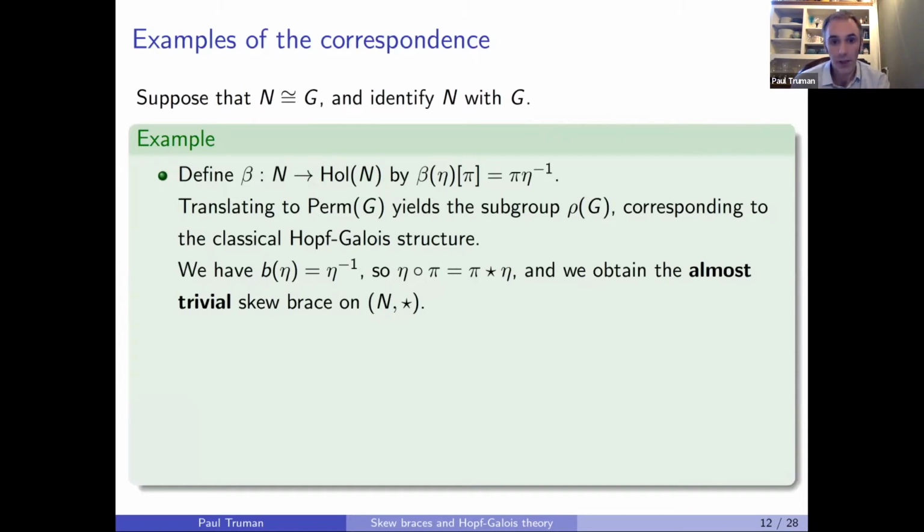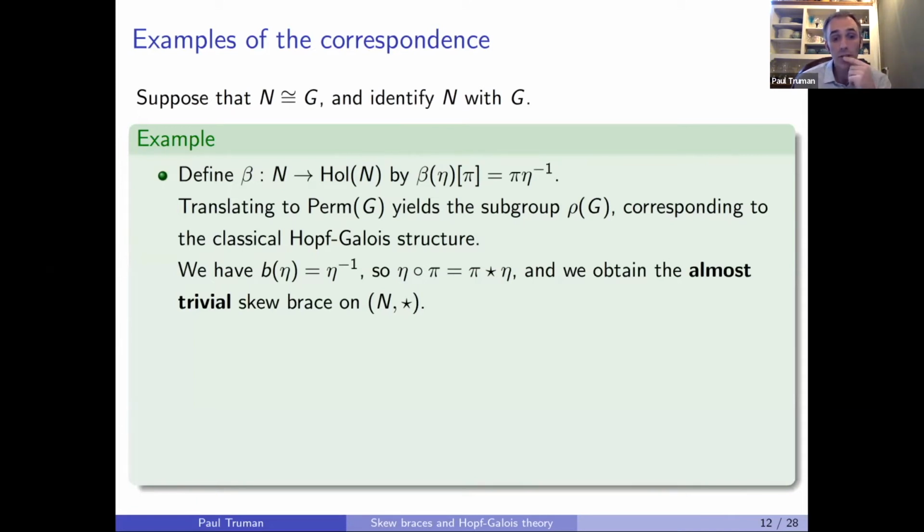One thing I can do is the right regular representation: beta of eta hitting pi is pi eta inverse, and that turns out to have regular image and land in the holomorph. If you translate back again, you get rho G, which corresponds to the classical Hopf-Galois structure, I don't want to say trivial, but the original, classical Hopf-Galois structure.